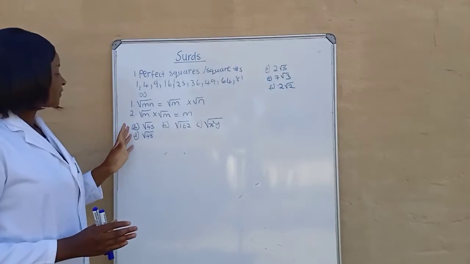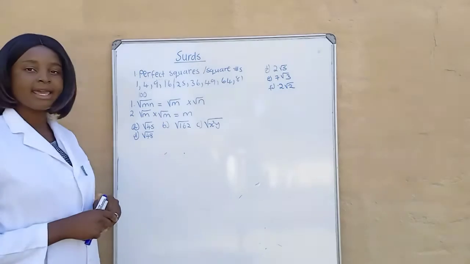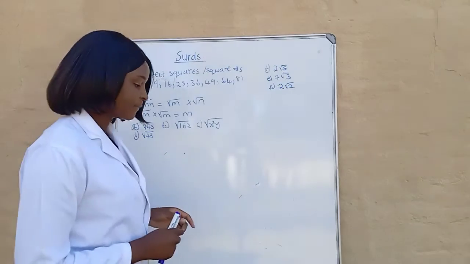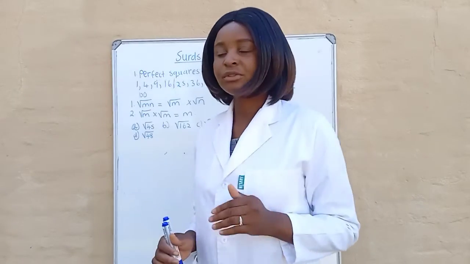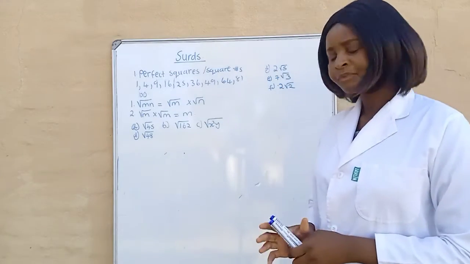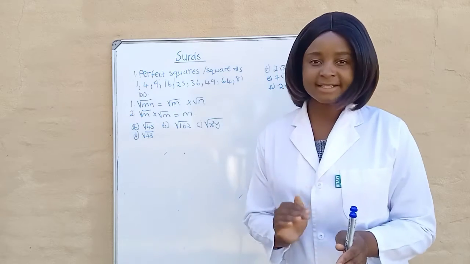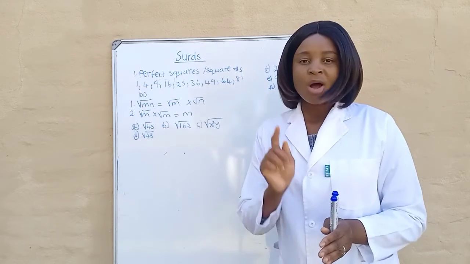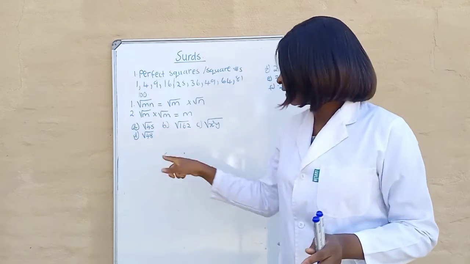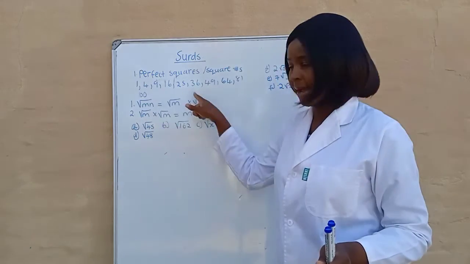So now, they want us to simplify these first set numbers here. How are we going to simplify them? Our first set number there is square root of 45. How are we going to simplify square root of 45? So, hear me well. When simplifying sets, you split your 45 and make sure one of the numbers is a square number.